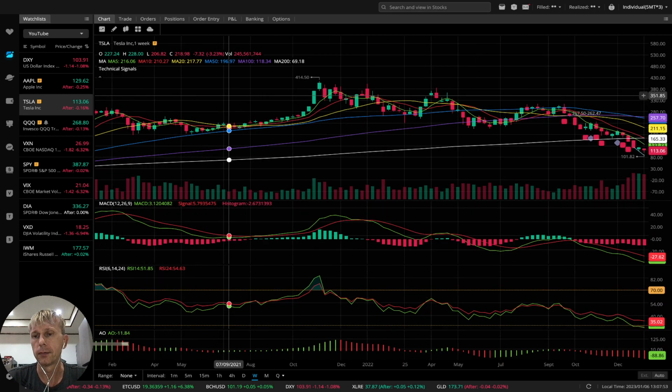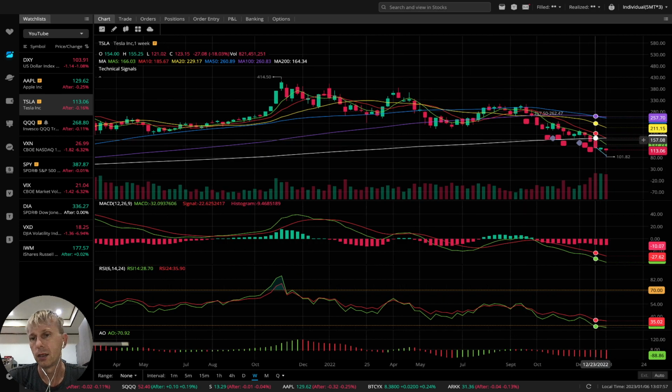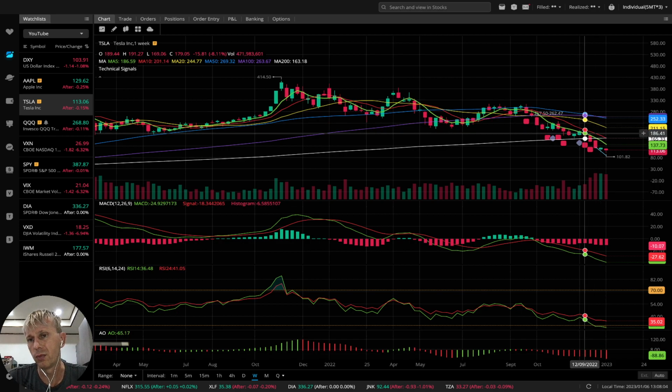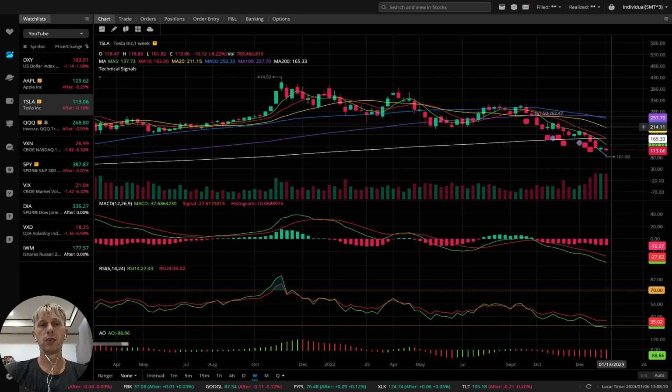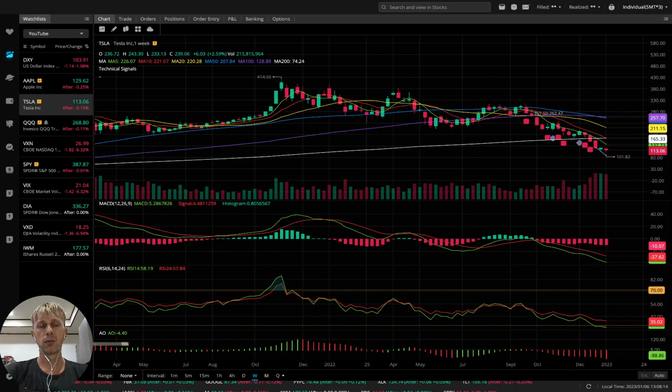Weekly bearish trend on MACD, on RSI and also the oscillator. On moving averages, MA 5 did a bearish crossover over 200. It's a bearish trend. The last bar closed below all moving averages. Bearish trend for Tesla on weekly. Let's check monthly.